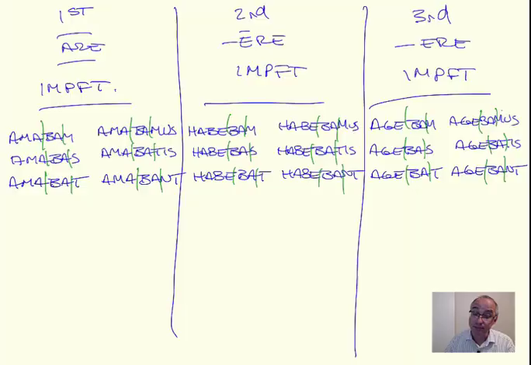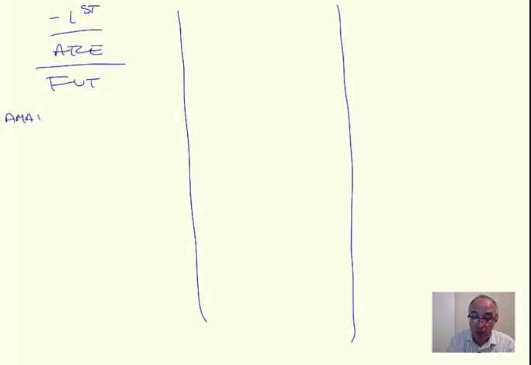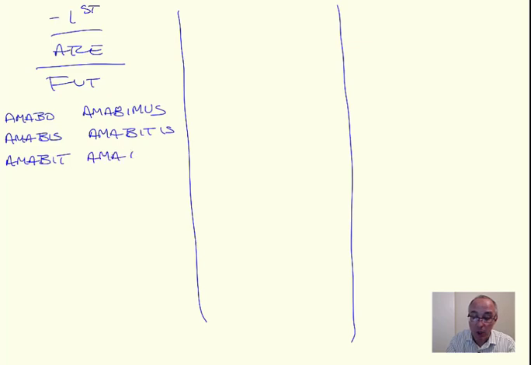It's great. Now we're going to go to the future tense. So the future tense for a first conjugation verb, an ARE verb: amabo, amabis, amabit, amabimus, amabitis, amabunt.